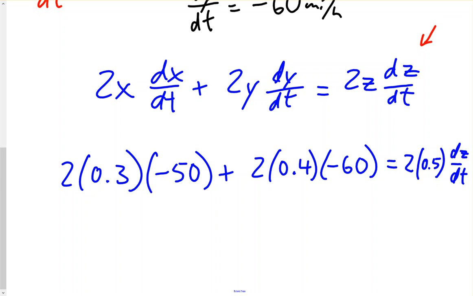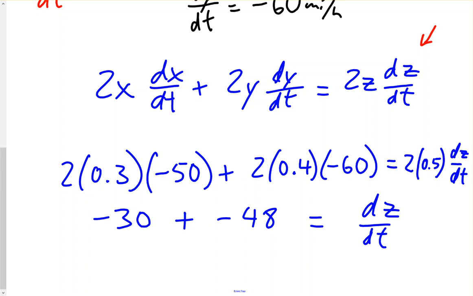We have 0.3 times negative 50, so that'll be negative 15 ... 5 times 3 is 15, negative 15 times 2, negative 30, plus 4 times 6, that's 24, negative 24, that's negative 48. 2 times 0.5 is 1, so 1 times dz/dt is dz/dt.